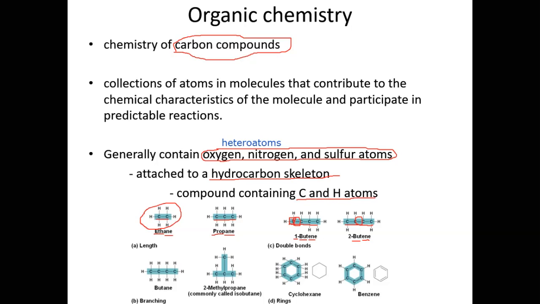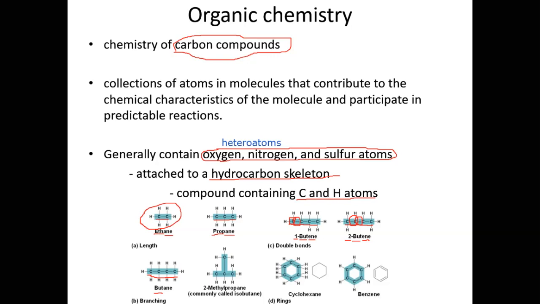It's only 1-butene, because you have to count from the shortest side. In the second example, the double bond comes after the second carbon. So that's where the 2 comes from. So 1-butene and 2-butene are different compounds with different chemical and physical properties. And so, for example, here we have 4 carbons again.